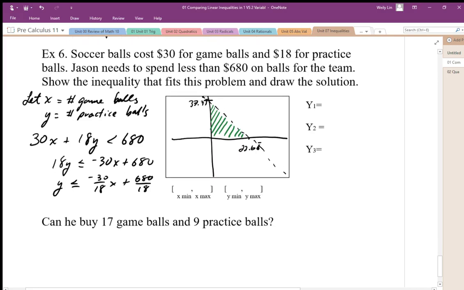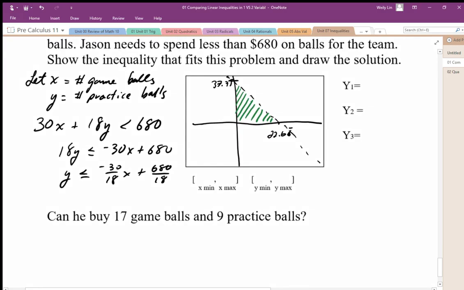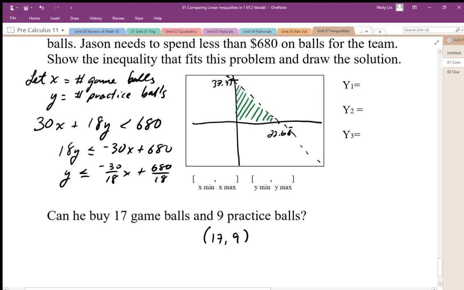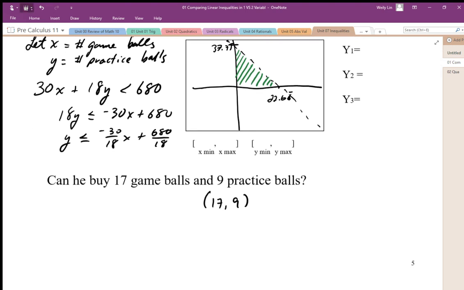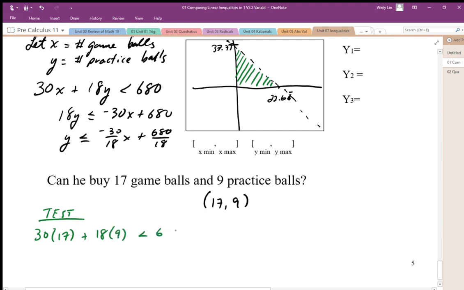So when I look at this problem here, 17 game balls and 9 practice balls represents a coordinate of 17 and 9. I could test that in my inequality. So x is 17, y is 9, and that has to be less than 680.